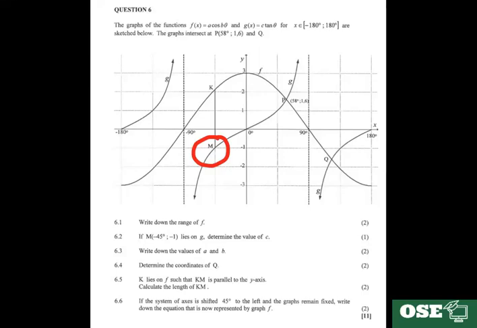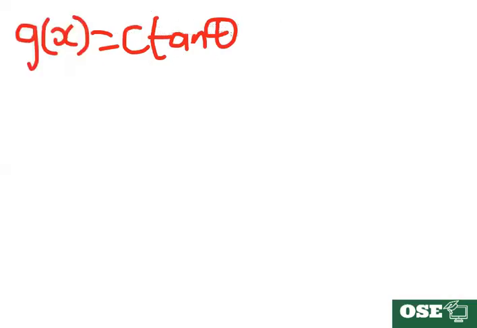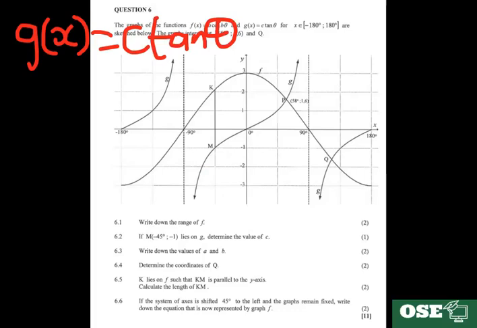Okay. So the formula for g of x is equal to c tan theta. They gave us a point, which is (-45, -1).